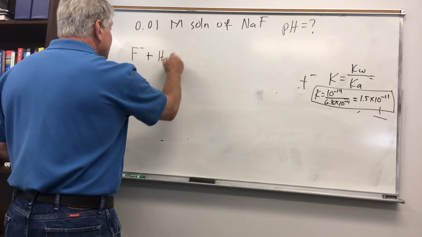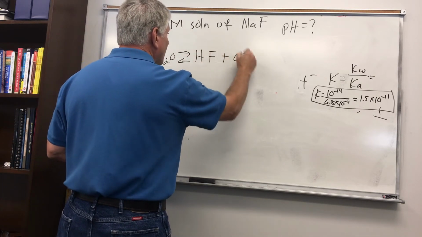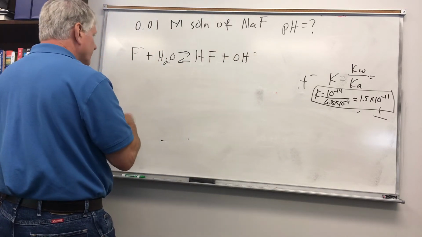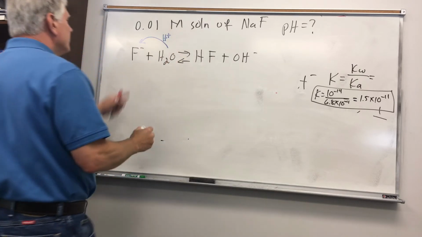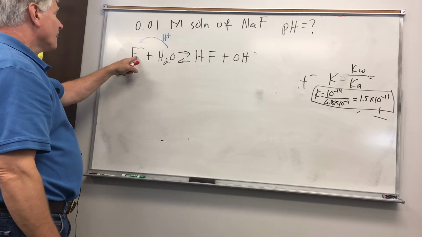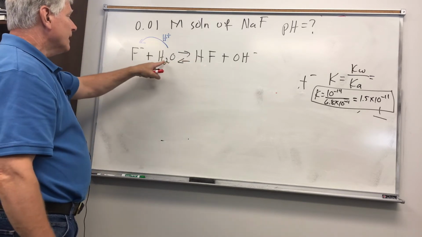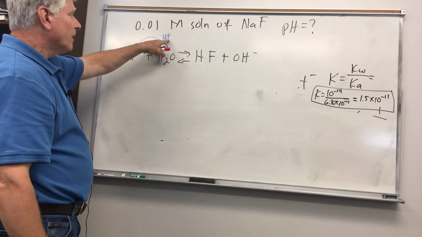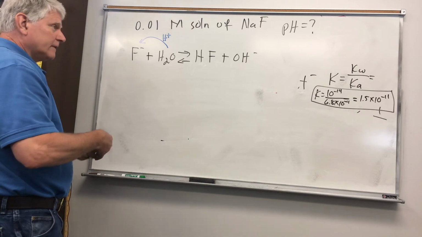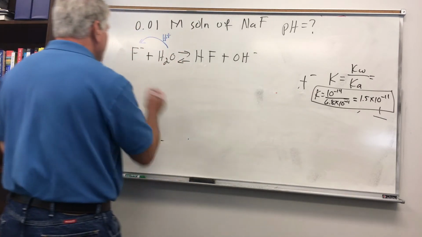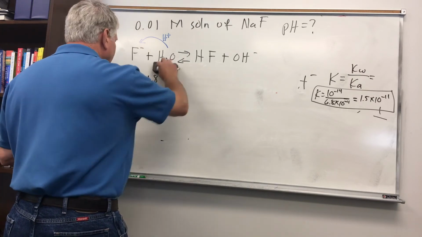So the conjugate base will react in water just like a base does. Water is going to donate a proton to F minus. And so we'll have a positive charge and negative charge, so HF is neutral. And water, since it's donated an H plus, will end up with a negative charge, and what's left is OH minus. And we saw that this equilibrium constant is equal to 1.5 times 10 to the minus 11th.